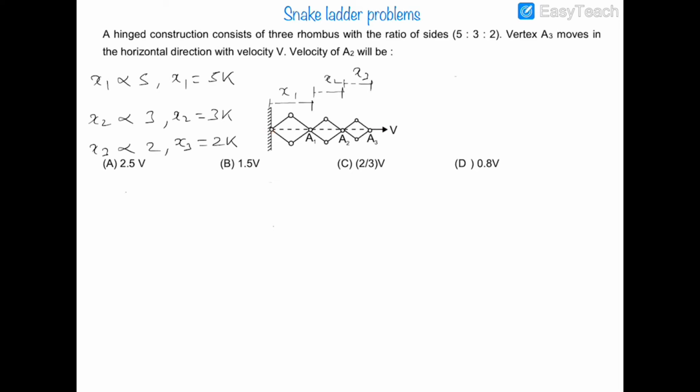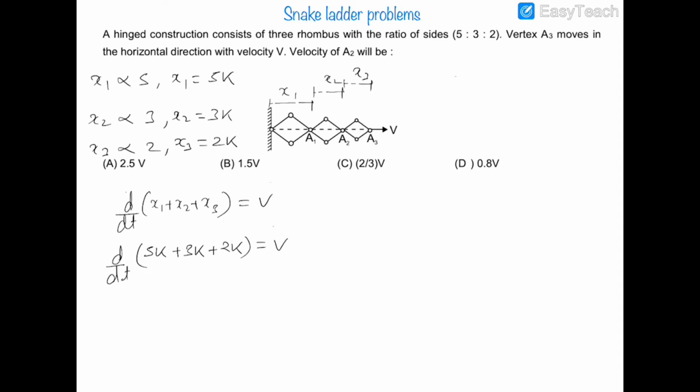So we can say that d by dt of (x1 + x2 + x3), the rate of change of this complete length, is given to us as v. If we substitute the values x1 = 5k, x2 = 3k and x3 = 2k, this is equal to v.